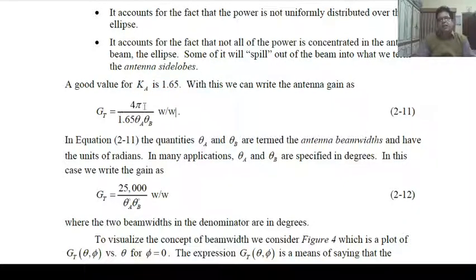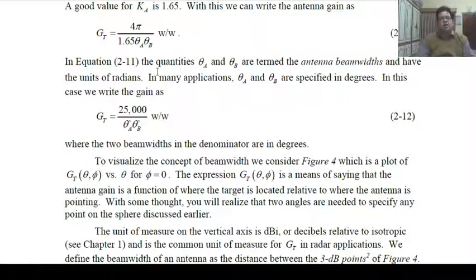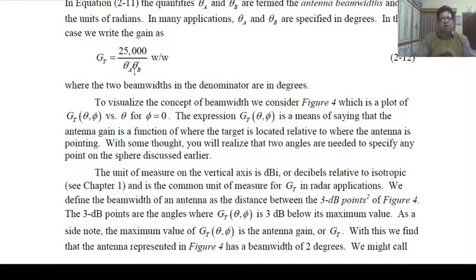So G_T becomes 4 pi upon 1.65 theta_A theta_B. In equation 2.11, the quantities theta_A and theta_B are termed antenna beam widths and have the unit radians. In many applications, theta_A and theta_B are specified in degrees, and G_T becomes 25,000 upon theta_A degrees times theta_B degrees, where the two beam widths in the denominator are in degrees.